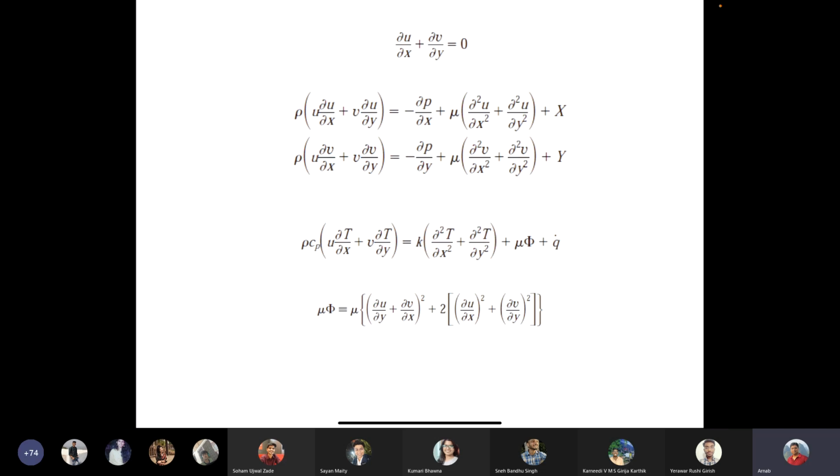You did not tell me the expression, but you can tell me that these are the things there. Like convective momentum is equal to conductive momentum plus pressure gradient plus gravity, I think. Yes, yes, close to that.